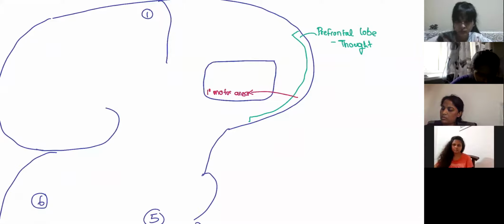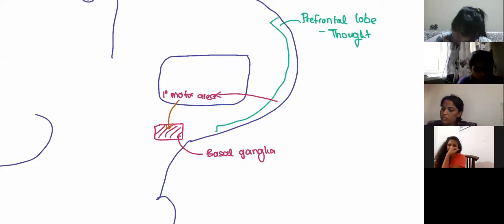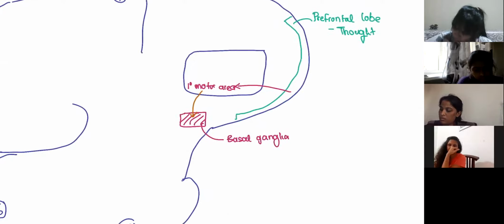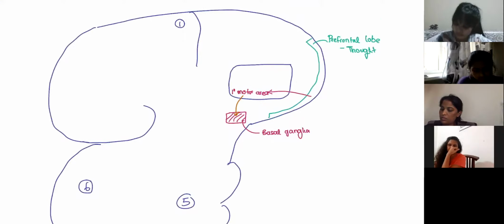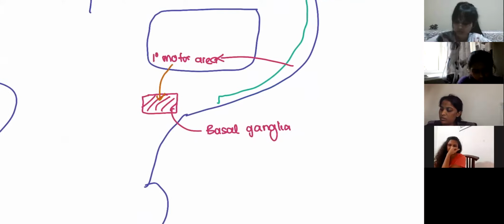The basal ganglia, I'm just going to draw a box. The basal ganglia receives that signal. This is the secretary. So the boss told, guys, pick up the phone. The motor area informs the basal ganglia about it. Okay. And the basal ganglia has the program.